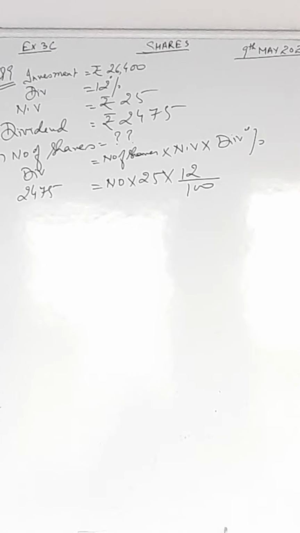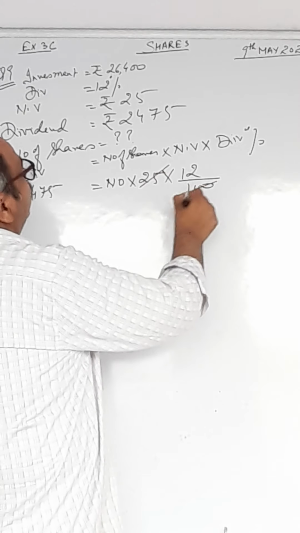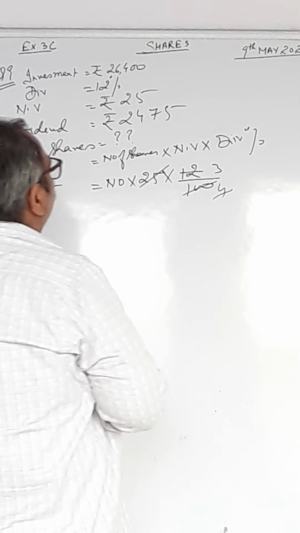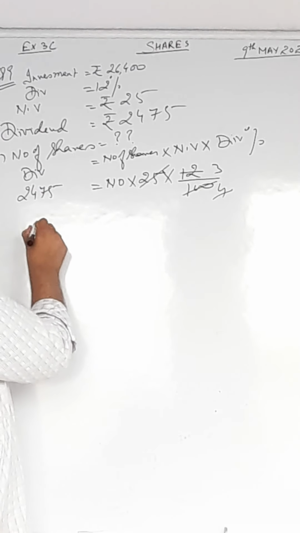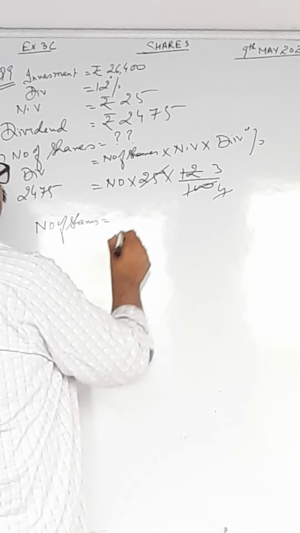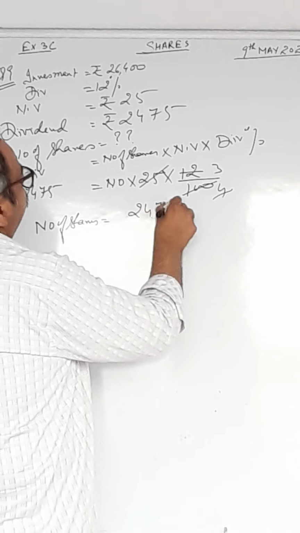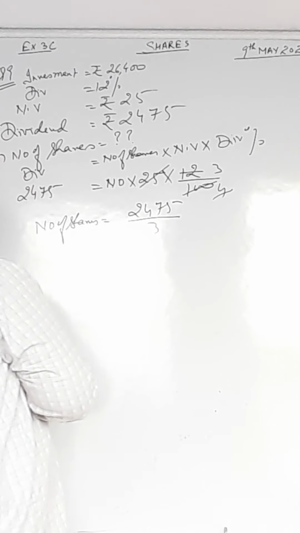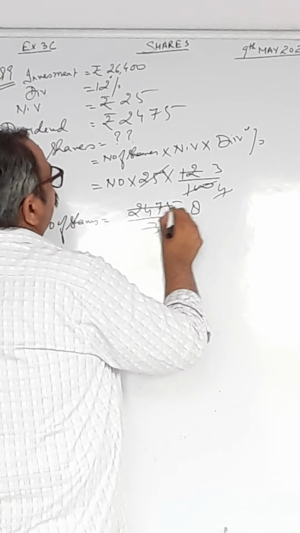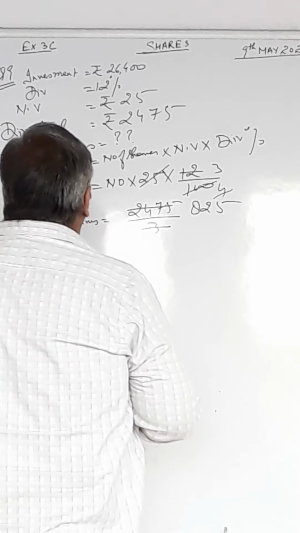If I cancel this, 25 for the 100, 4, 3 are 12. So here I will get number of shares equals 2475 over 3. 3 8s are 24, 3 2s are 6, 3 5s are 15.